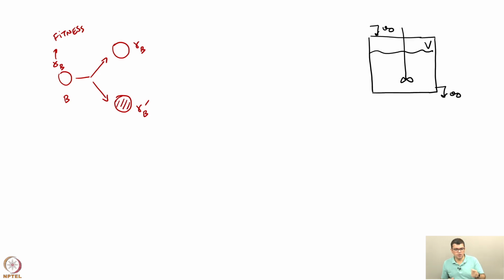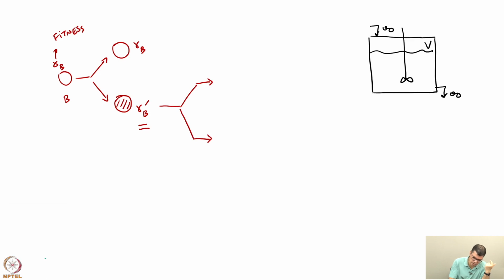Now we know, after having looked at the molecular basis of how mutations happen, that this is probably just a nucleotide change. It could be insertion, deletion, duplication, and so on and so forth. As a result of whatever be the genetic basis of this mutation, the growth rate has changed, and this allows me to distinguish this mutation into these two broad categories.